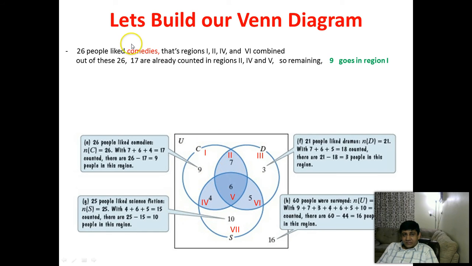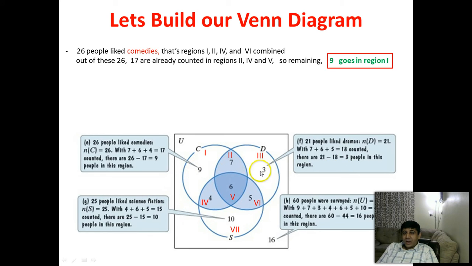Out of these 26, 17 are already counted, so 6 plus 7 plus 4, which is 13 plus 4, equals 17, in regions 2, 4, and 5. The remaining 9 goes in region 1.